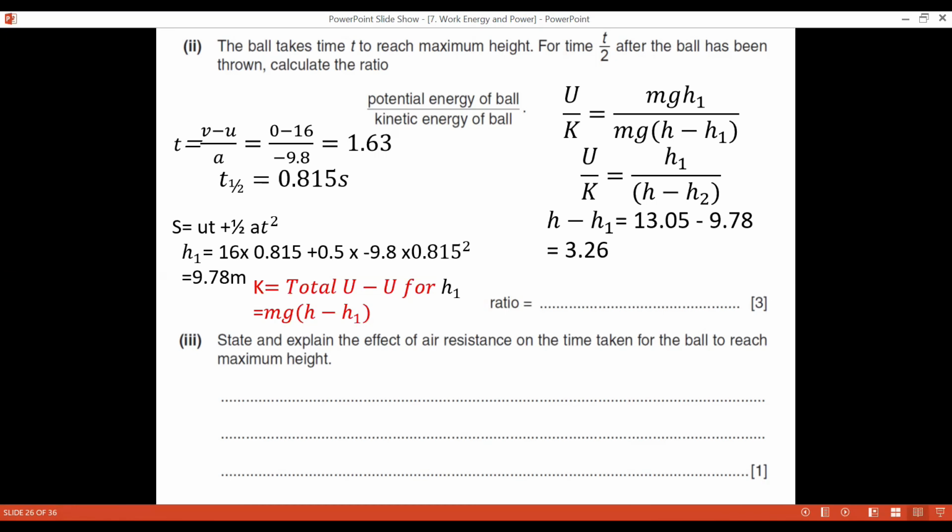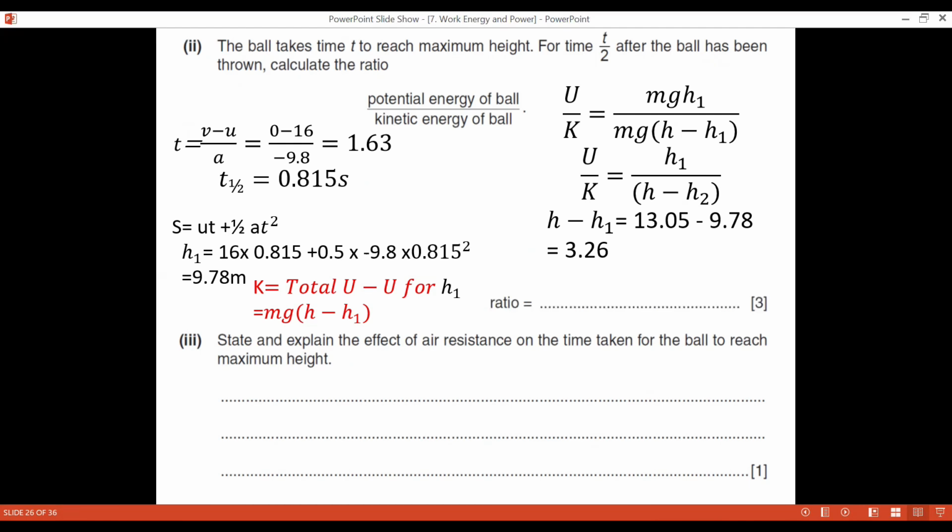State and explain the effect of air resistance on the time taken for the ball to reach maximum height. If there is no air resistance, it will take less time because deceleration will be greater. But if there is air resistance, the time will be even shorter because now deceleration will be greater, because resistive force will increase.